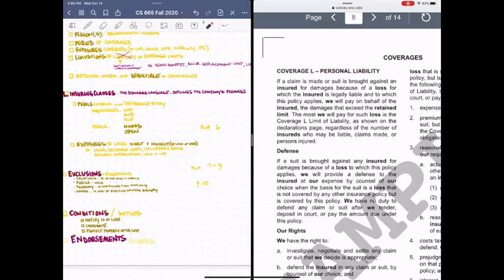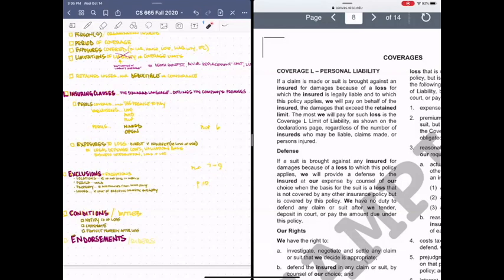You don't have to sue me to get money. You can just ask. And my insurance company will be dying to just pay you to make you go away. Because nobody wants to go to court. I shouldn't say that. Most people don't want to go to court. All right, so for which you're legally liable and to which this policy applies.